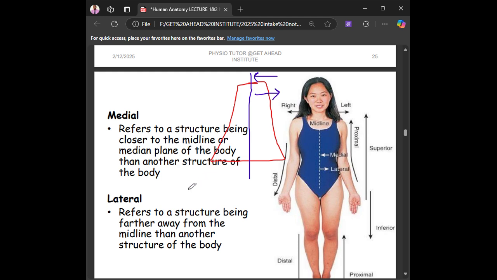An example is that the heart lies medial to the lungs. And lateral refers to a structure being further away from the midline than another structure. For example, the lungs lie lateral to the heart.